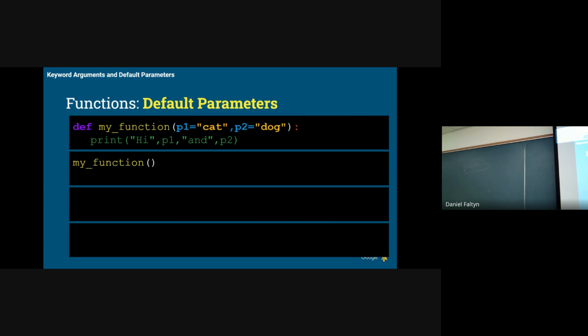If we were to look at the definition of the input function, it would look like this. Input, here's a named parameter called prompt with the default value empty string. That's why it doesn't print anything when you don't pass a prompt.